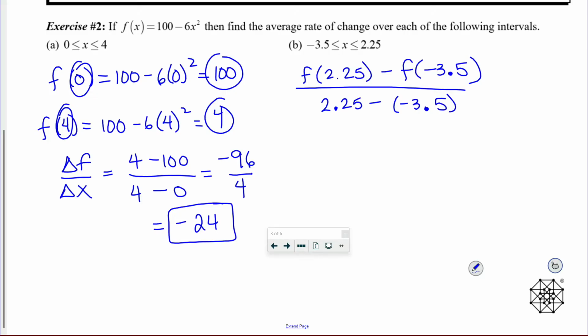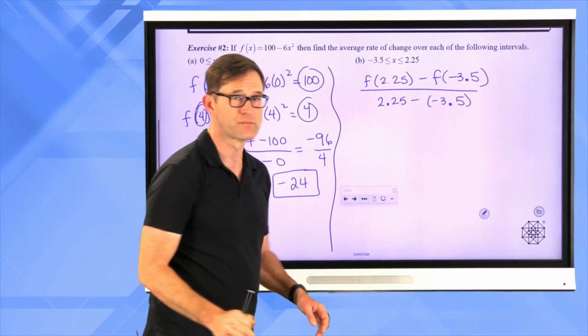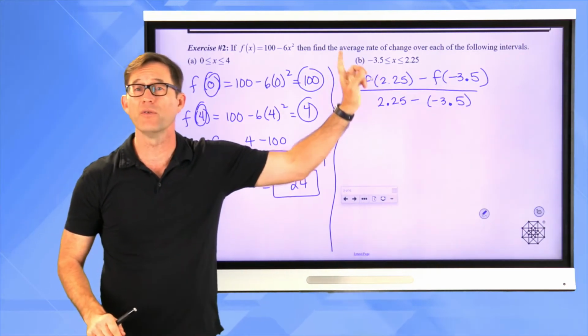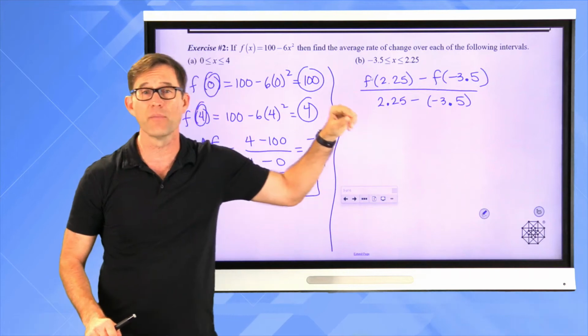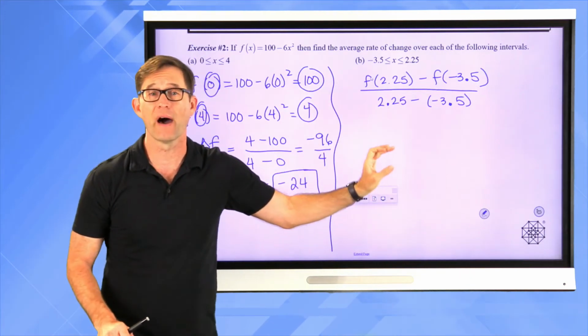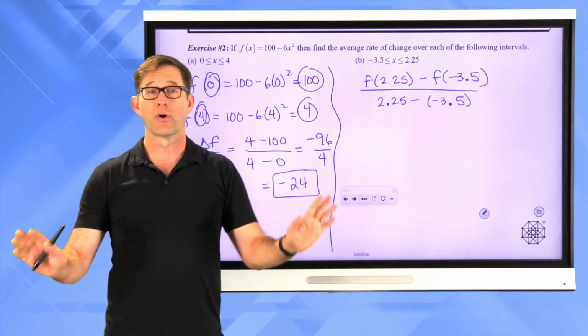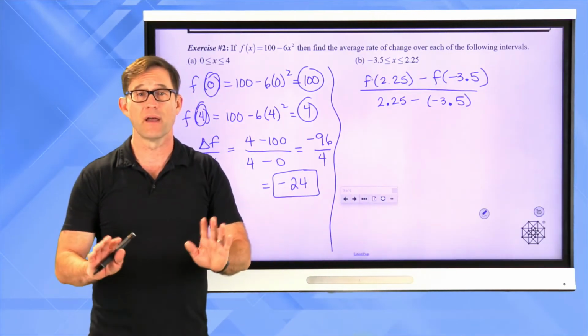Now, we could do exactly what we did in the last problem: calculate the function at 2.25, calculate the function at negative 3.5, get both of those values, do the difference, and then divide by this difference. Perfectly good. Please go ahead and do that. Not a problem at all.